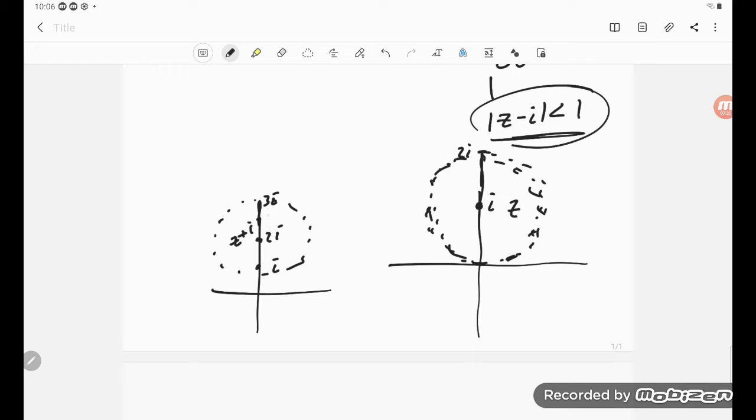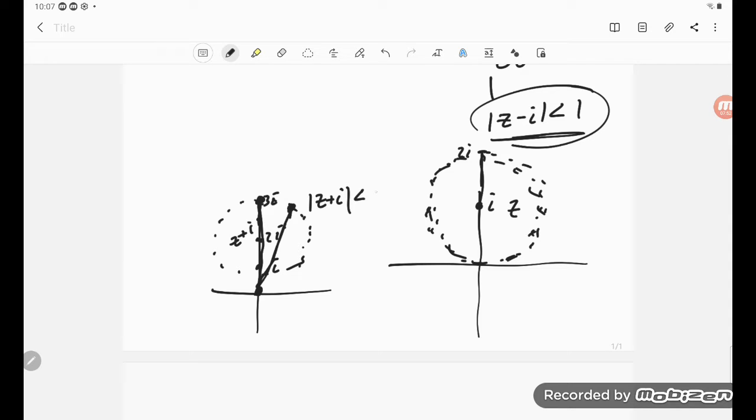Well, now what I know that means is, and you might have to check that to convince yourself, but what I know then is that this number, the absolute value of z plus i, is no bigger than that 3 there. So if I come out here, that distance is not as big as 3.